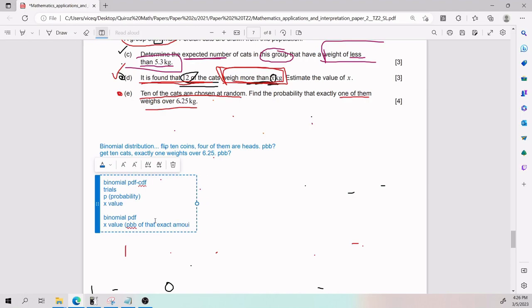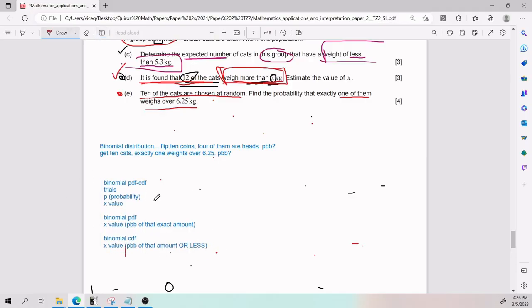In this case, we're going for exactly 1, so we will be using PDF. But just so that we're all informed, in CDF, your X value is the probability of that amount or less. So it's very different. One of them is the exact amount, the other one is that amount or less. That is the difference between PDF and CDF. Of course, we will be using PDF in this scenario, but they do ask for the same things.